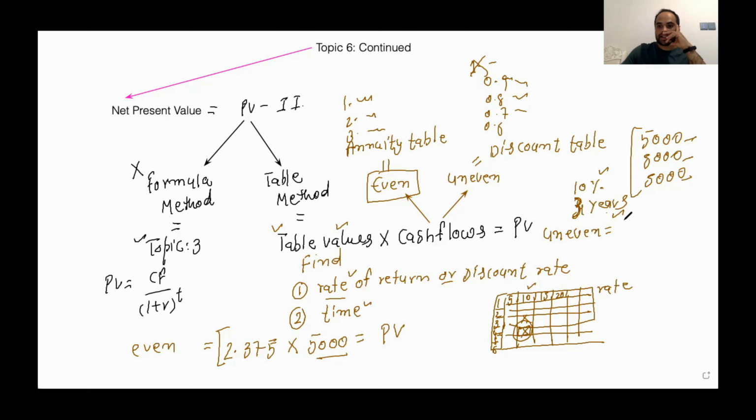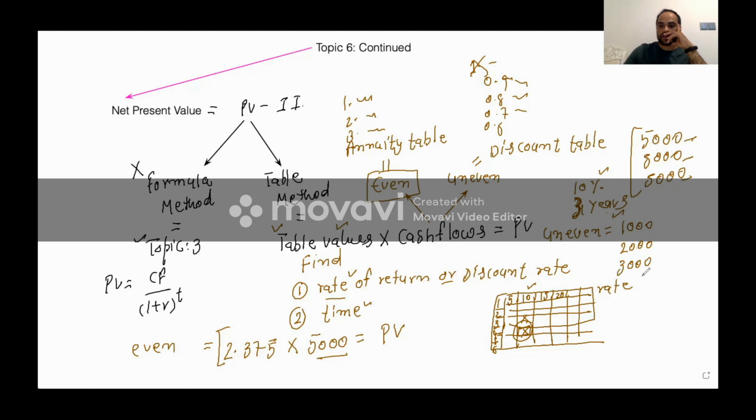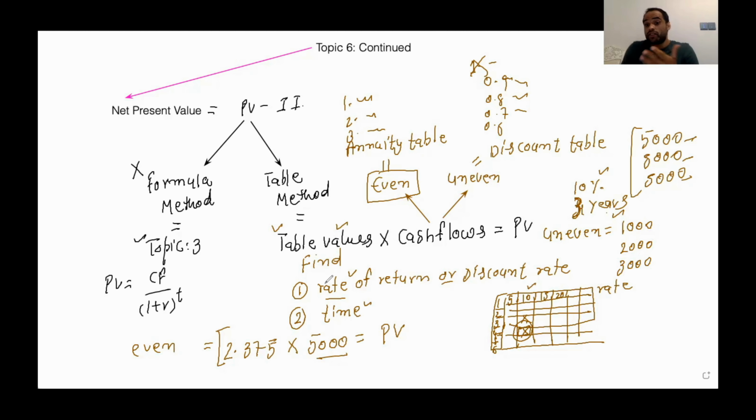Uneven cash flow means, let's say, first year is 1,000, second year is 2,000, third year is 3,000. Now you have to calculate 3 different table values, because your cash flows are different. Different cash flows have different present values, so you cannot simply use one cash flow.